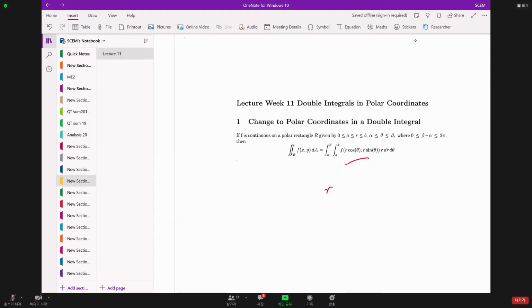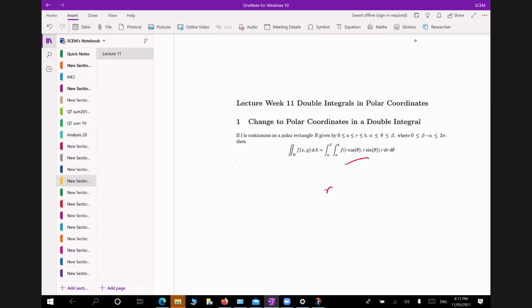Now we want to integrate this function f(x, y) dA, where R is a polar rectangle. And your r changes from a to b, where a is greater than 0, definitely. And your theta varies from alpha to beta. Mind you, beta minus alpha must be greater than 0 and less than 2 pi.